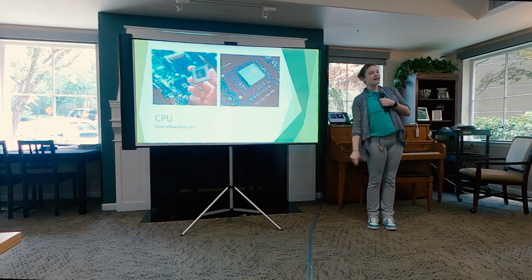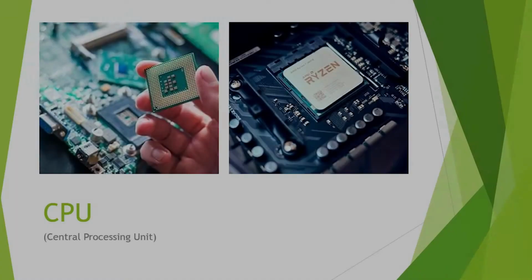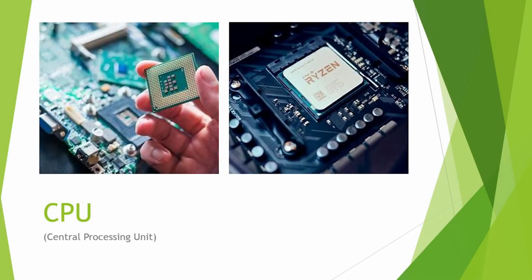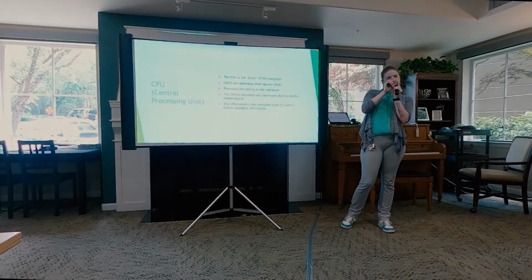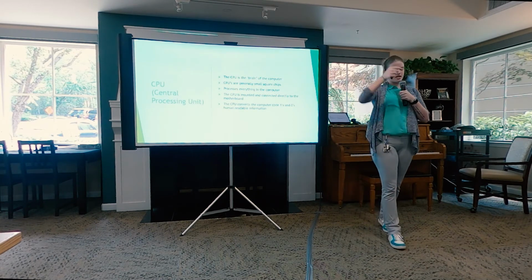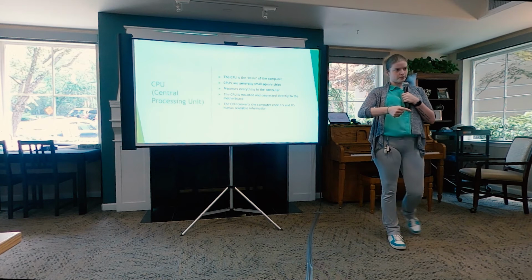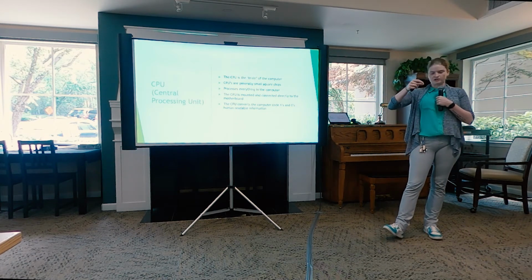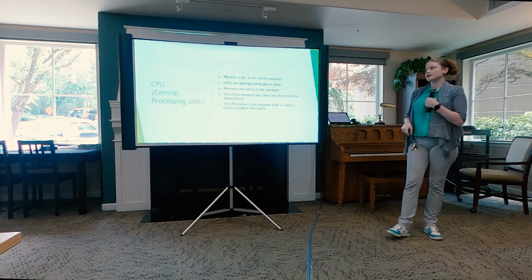And then the next component is the CPU, the central processing unit. That is the brain. That is what basically controls the computer. They're tiny little squares that adhere to the actual motherboard, and they're fixed on there.